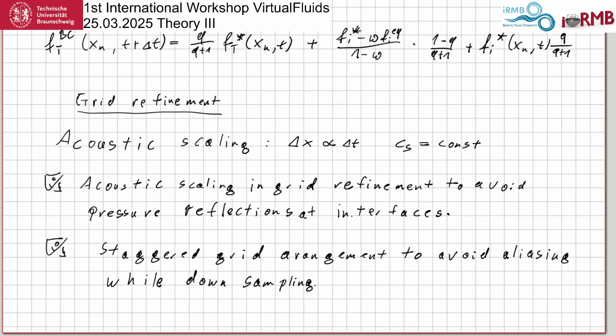And this was done in the beginning of grid refinement and worked very well for the examples that they show in laminar flow. But this works only if your simulation is well resolved on the coarse grid, which somehow makes the entire thing a little bit, why do you want to do this? So in particular, if you have turbulent flow, this never works. Now what you can do, you can add an explicit filtering step before you do this, which has been done by the group from Geneva.